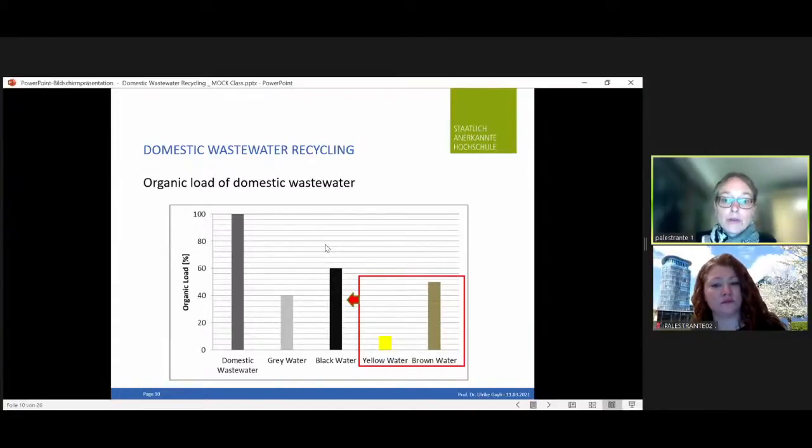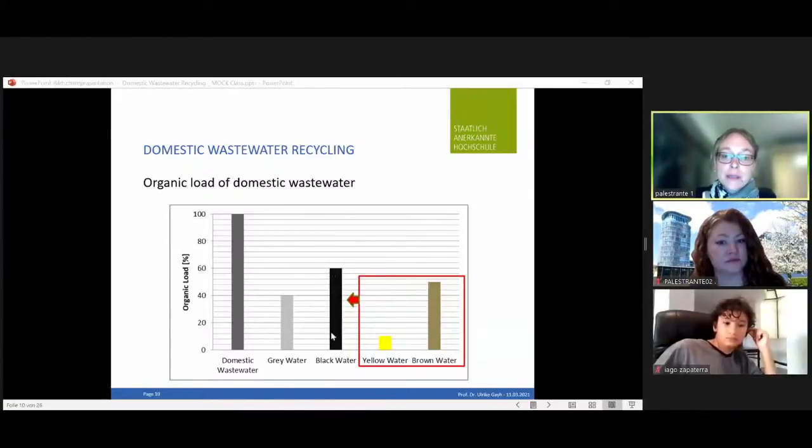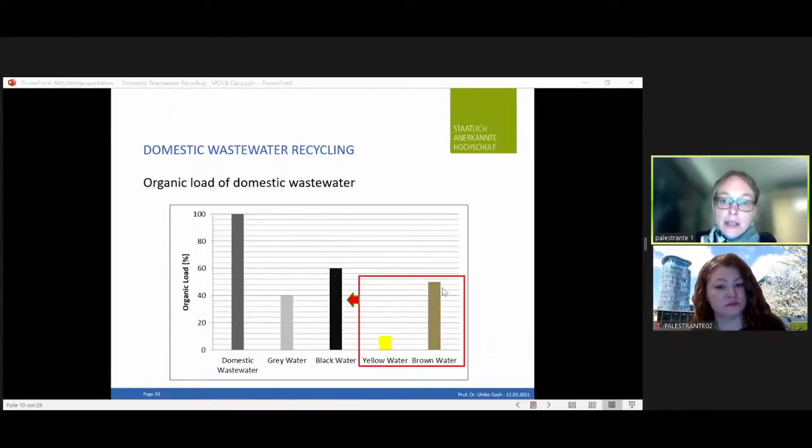But when you want to have a look at these 60% in detail, you see that more than 50% of the organic load is in our brown water. When you remember the graph before, the volume of the brown water is negligible.